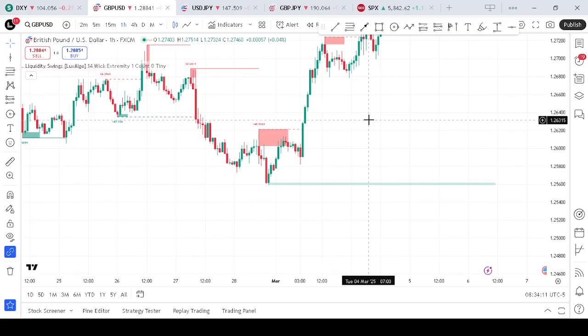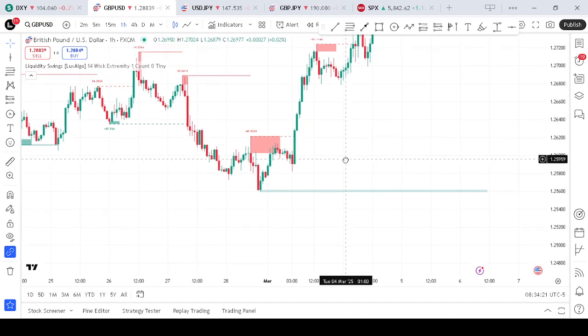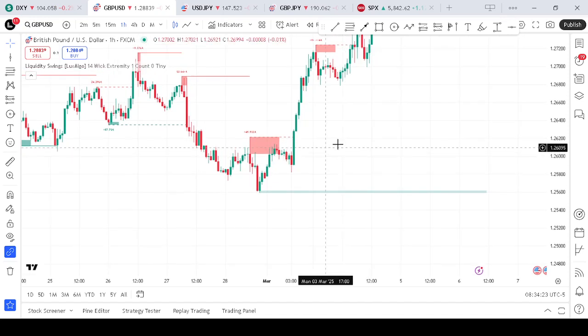Now let's see how we can implement this strategy. When trading with liquidity swings, the goal is to enter trades at high probability zones, either a swing high or a swing low.